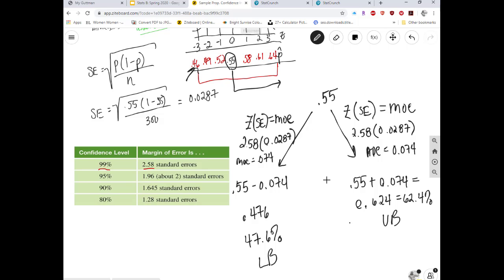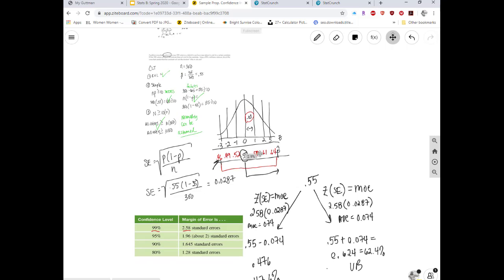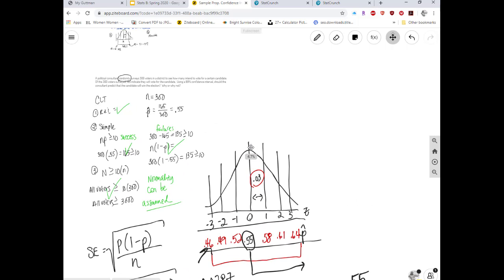So what does that mean? That means that according to this scenario where it talks about candidates, I believe, we don't know what percentage of the population will vote for this specific candidate.